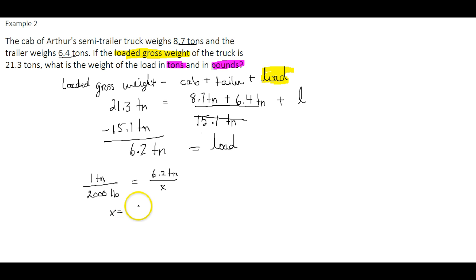So 2,000 times 6.2 gives me, sorry, let me say that again, 12,400 pounds in my load. So the load is 6.2 tons or 12,400 pounds.